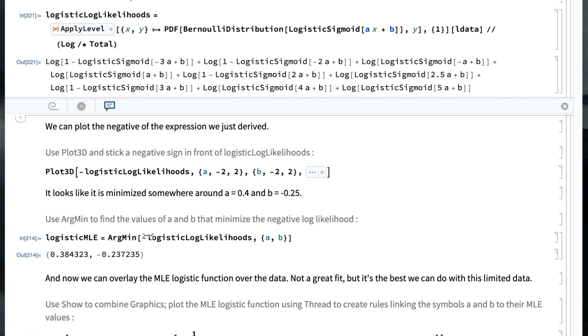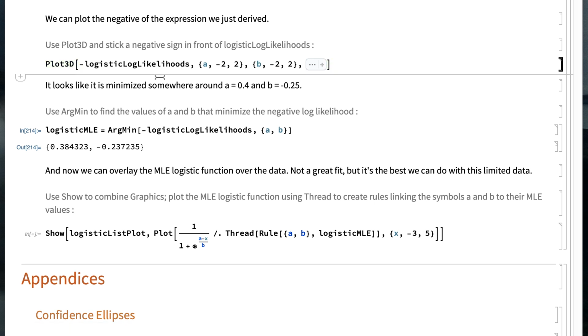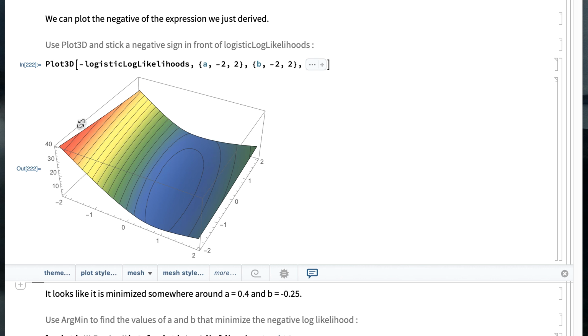We can plot the negative of the logistic log likelihoods. I'll let A go from -2 to 2, B go from -2 to 2. And you can see that this likelihood, or negative log likelihood, seems to have some minimum, I don't know what that is. That's probably A is 0.4 and B is -0.25.